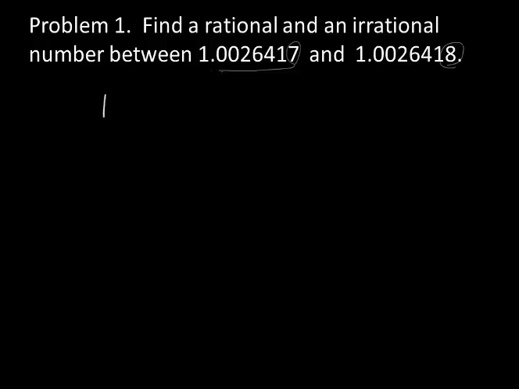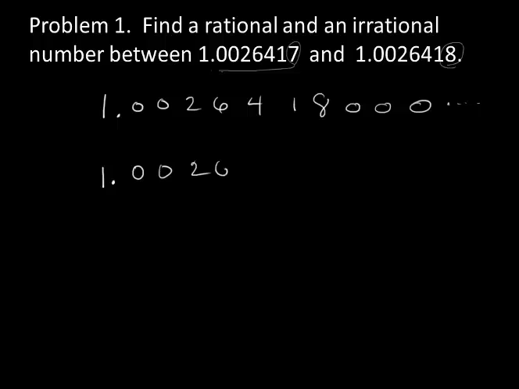So the biggest one is 1.0026418, and it just continues with zeros, doesn't it? You might put in a few if you want. And now I'm going to leave a little space, and underneath it I'll put the smaller of the 2 numbers, 1.00264. Notice I'm lining up the, oops, sorry, that should be a 7.